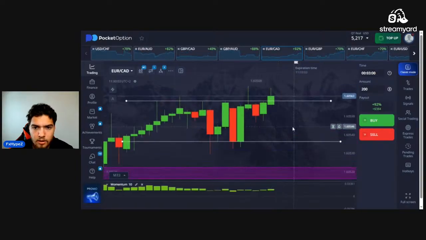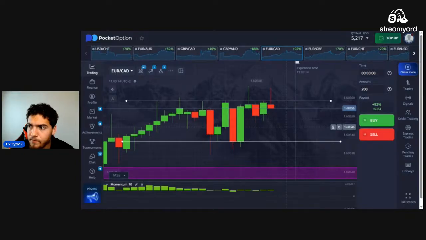Okay, I like what I'm seeing here. It does look like EuroCAD wants to push, but I'm not going to rush the process.